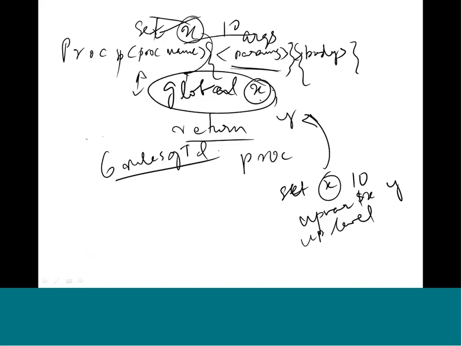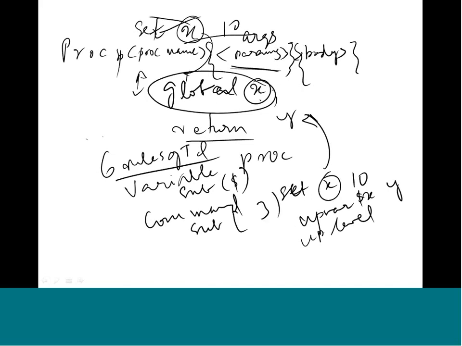I'm not going to repeat them, but just in case, the two main things are the variable substitution, which is through the dollar sign, and then the command substitution, which is using the square brackets. So these are two main rules, and other than that, the rule about the interpreter versus the parser is important.